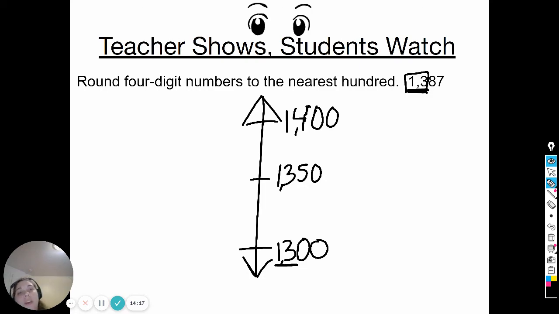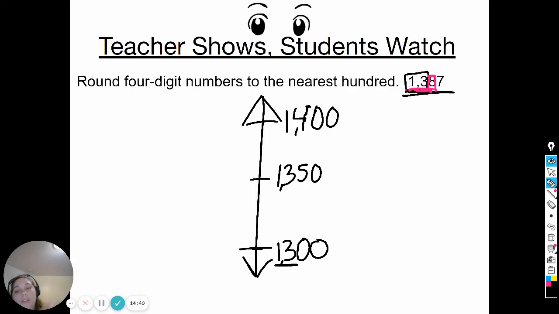Now we need to figure out where this number is on our number line, okay? So I'm going to look all the way up to the tens, and there's that 8 there. So we're going to want to stop when we get to an 8 in the tens place, okay? So let's go ahead and do our hash marks, counting by tens.